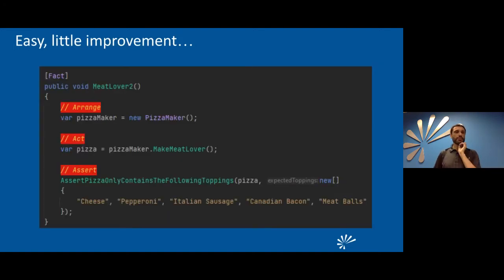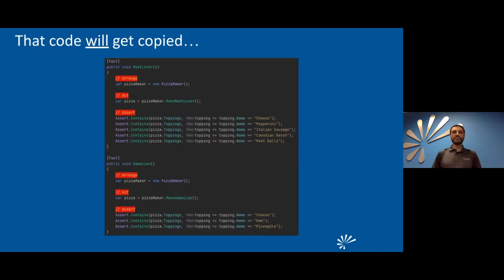So that's a problem. And by the way, another problem with this approach is in the way that these assertion or test runners work, when you have multiple assertions like that. Say you verify the first one: does this pizza have cheese? Yes, so we're good. Does it have pepperoni?